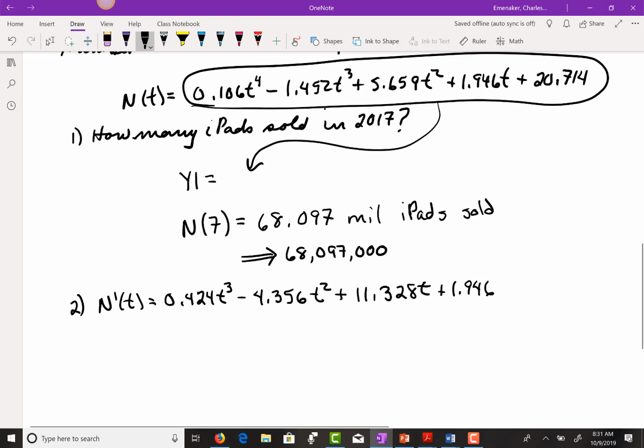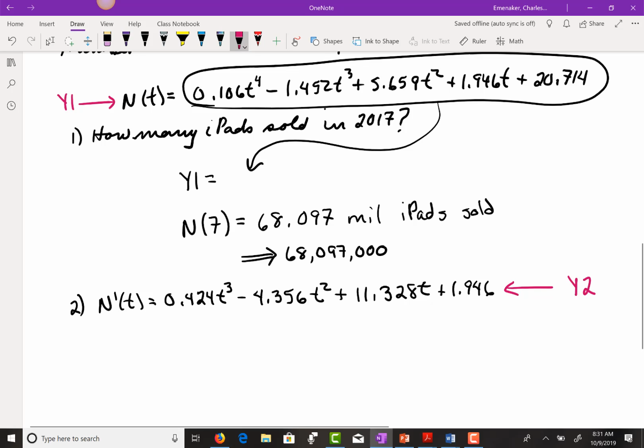What I would encourage you to do, and to get in the habit of doing, is to plug this into y2. Personally, I always put the original function into y1. I always put the derivative into y2. And guess what I always put into y3?